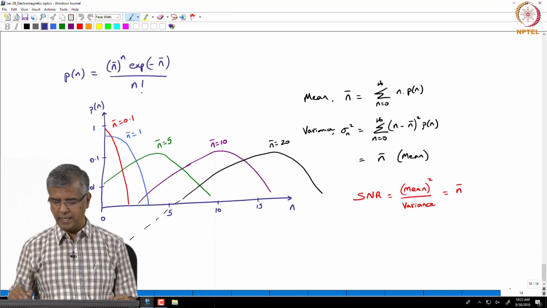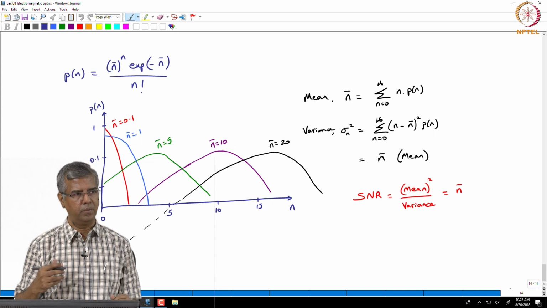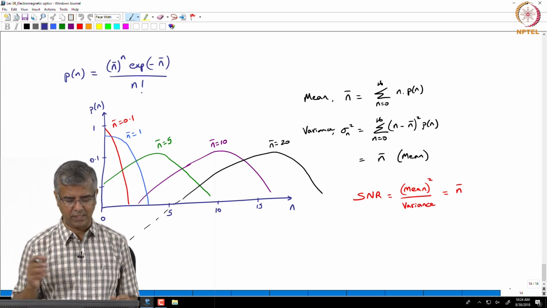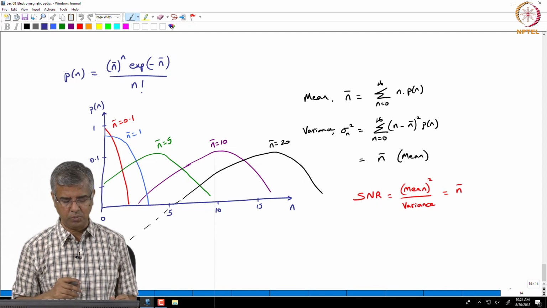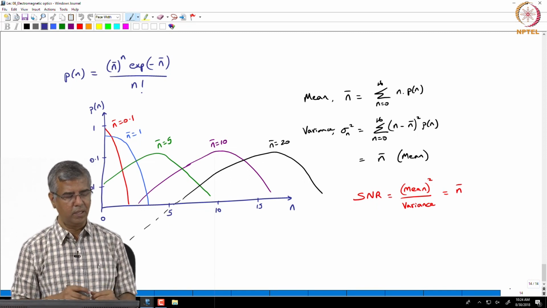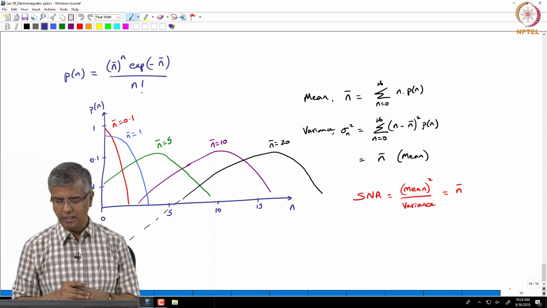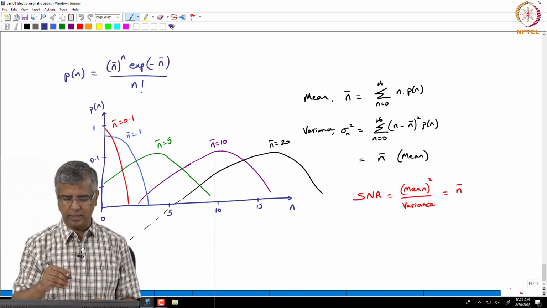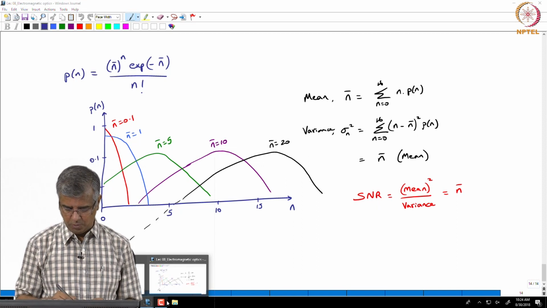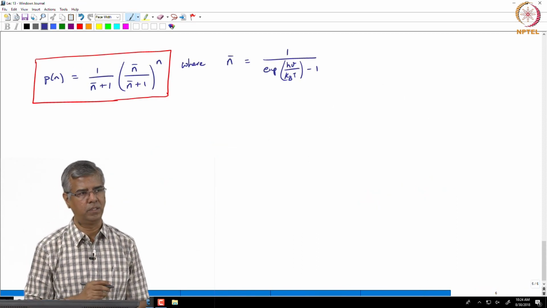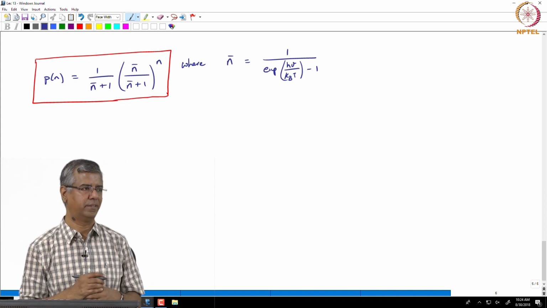Generally with light sources, the arrival statistics follow a Poisson distribution, and that is where we were looking at P of n as a function of n. But now we are talking about a different type of light source, which is just thermally excited, okay.